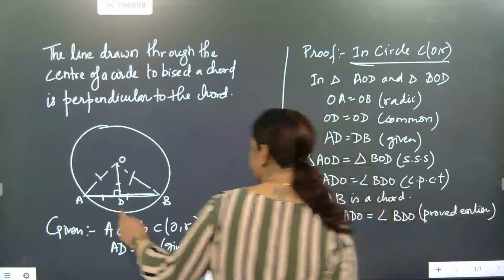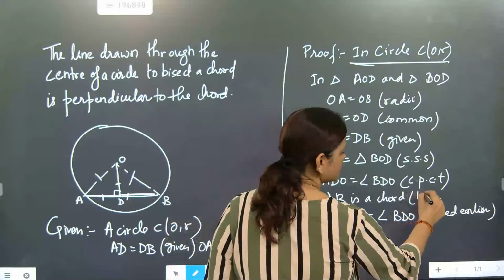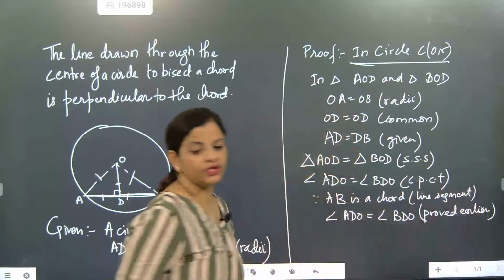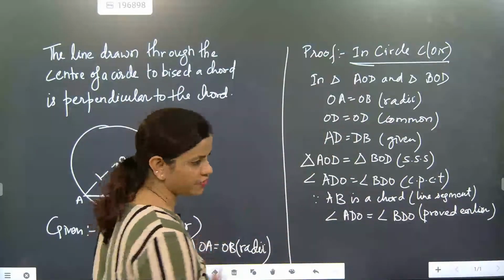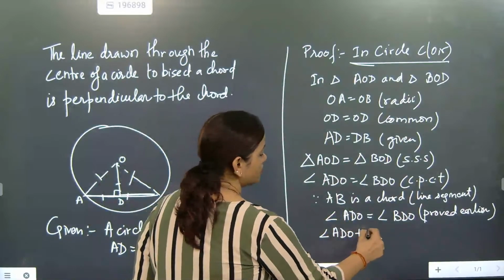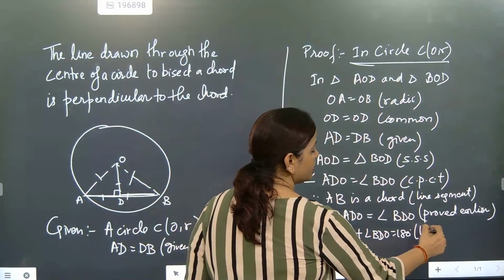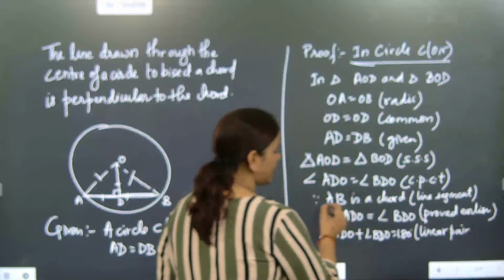So now, since AB is a chord, which is a line segment, whenever you write the content, write it clearly to a finished level. Now, beta, what are you going to write? Angle ADO plus angle BDO is equal to 180 degrees. Why? Linear pair, because it is on the line AB.